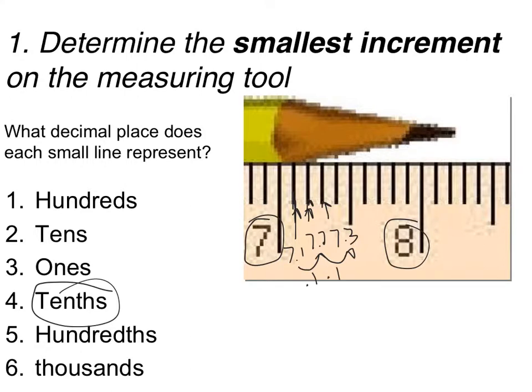And if you look at this, you'll notice we went 7.1, 7.2, 7.3. Since it's our tenths place that is changing, this is going to mean our smallest increment is the tenths place. And this doesn't only apply to rulers. This will apply to graduated cylinders, triple beam balances, anything like that. Those are all tools that we're going to use in this class. And for any one of those, you always want to find your smallest increment.